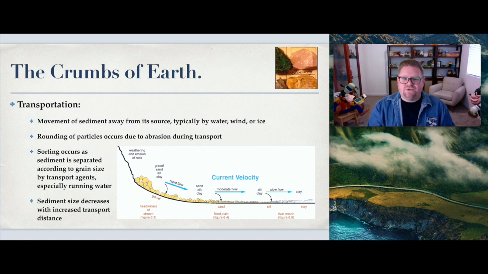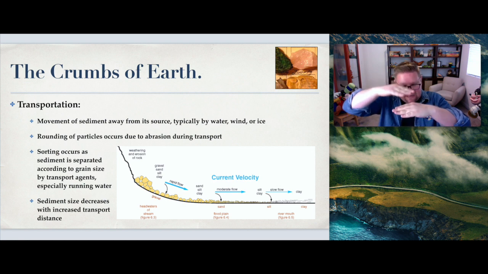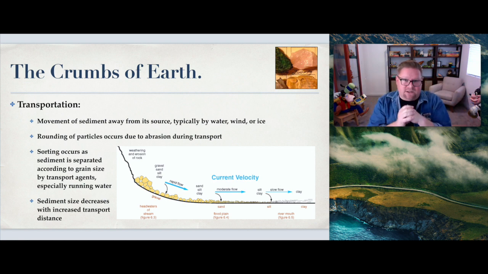Then a type of sorting will occur as the sediment is separated according to its grain size by transport agents. As an example, maybe a lot of material is being washed away into a large lake bed. What we find is that the heavier material will sink first, and then based on grain size, it will naturally layer upon itself, creating essentially a miniature stratigraphy.